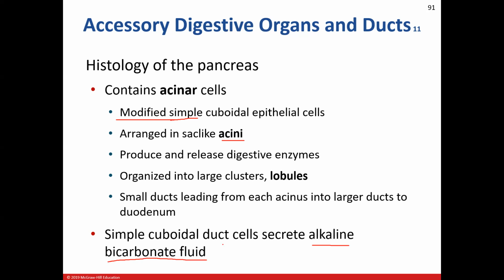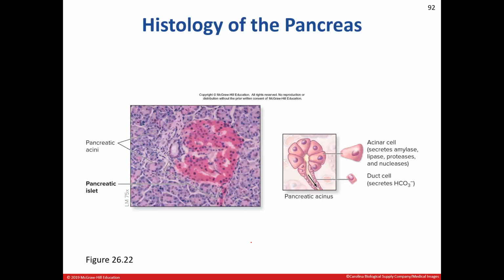So the duct cells are going to produce the alkaline bicarbonate fluid, whereas the acinar cells, the sac-like secretory cells, are going to produce those digestive enzymes. Here's the acinus structure, which is going to produce the digestive enzymes: amylase for our starches, lipase for our fats, proteases for proteins, nucleases for the nucleic acids.